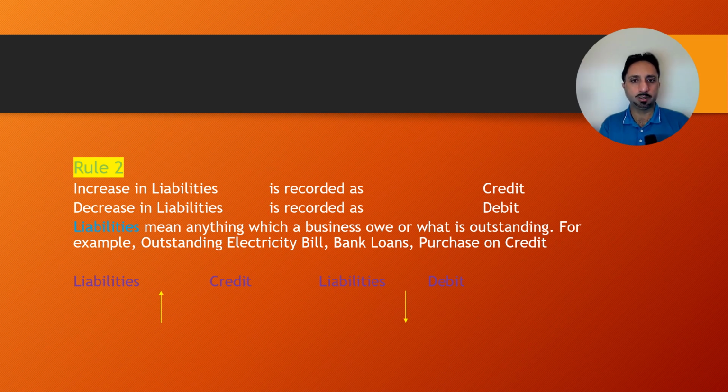So it can be electricity bill payable, a loan from a bank which you have to pay, the interest payment on a loan, or some purchases that you have made but haven't paid for. So whenever there is an increase in liabilities, you record it as a credit entry, and when there is a decrease in liabilities, it is recorded as a debit entry.